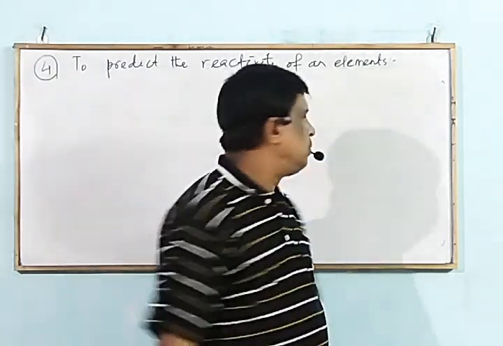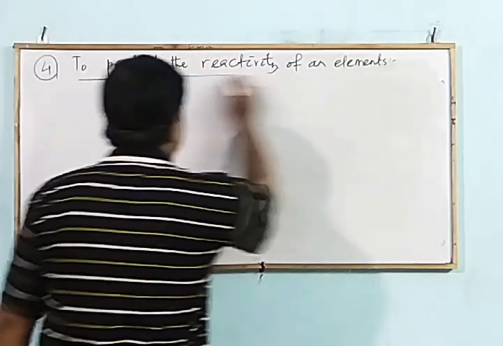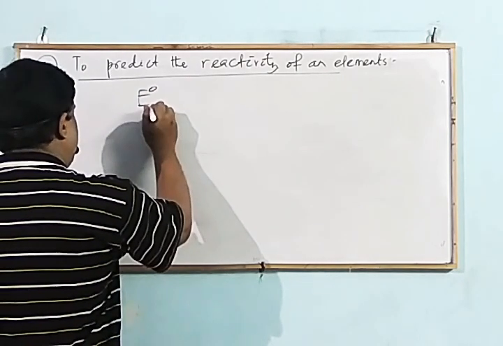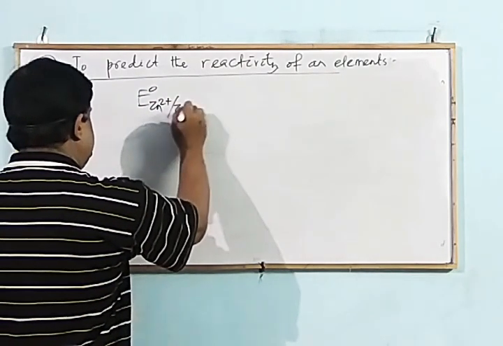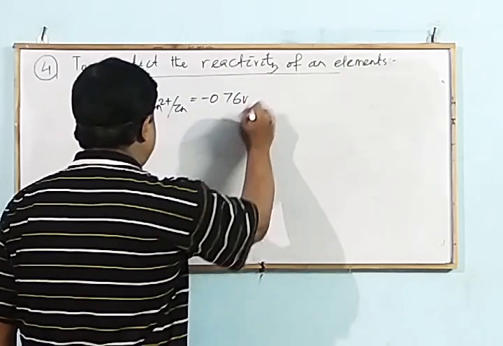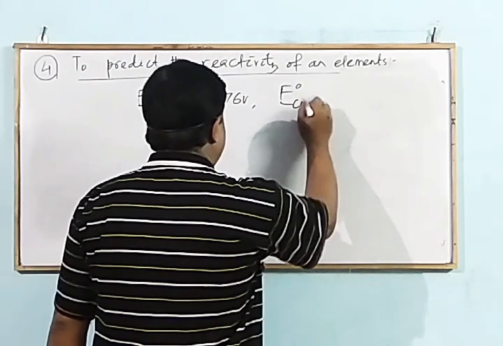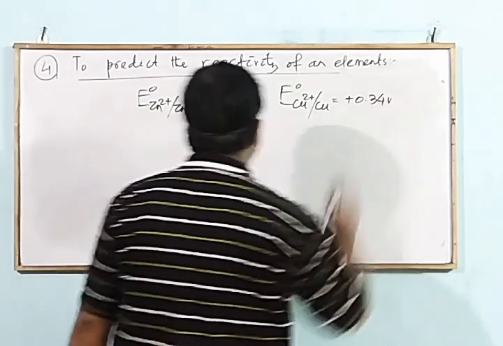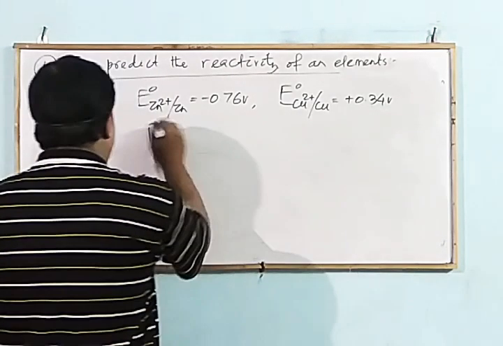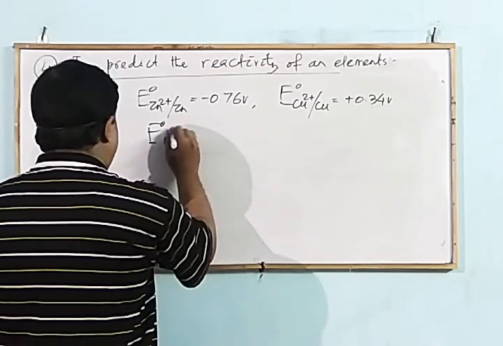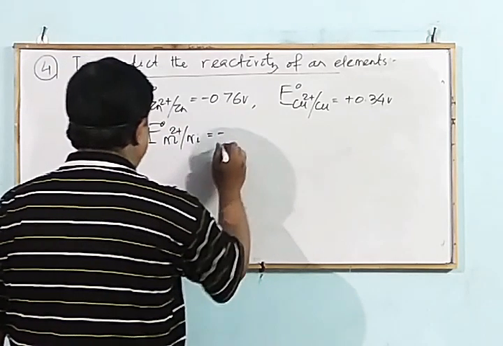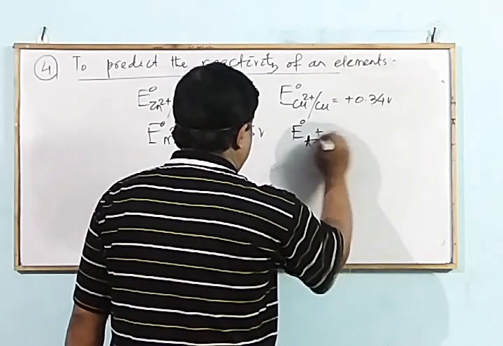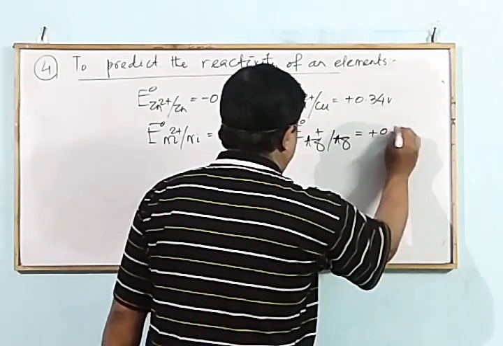For example, mark that. Suppose the data given is E naught Zn2+/Zn equal to minus 0.76 volt, E naught Cu2+/Cu equal to plus 0.34 volt, E naught Ni2+/Ni equal to minus 0.25 volt, and E naught Ag+/Ag equal to plus 0.80 volt.